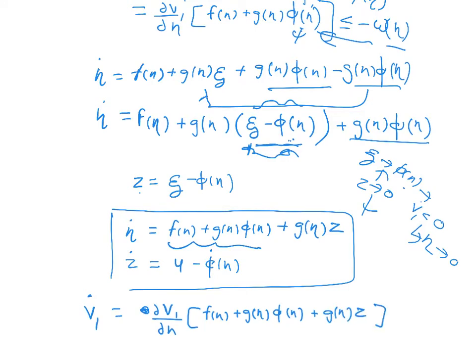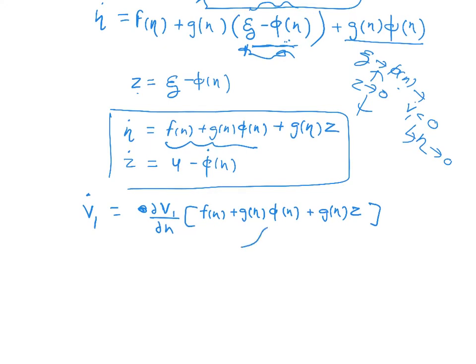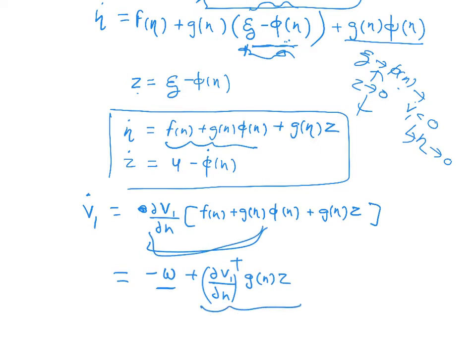This was the term, right? And this multiplied by this is minus omega 3, or whatever that minus omega, plus del V1 by del eta into g and z, right? Transpose. So this multiplied by this is all negative definite, but we have this remaining term which will be made 0 in the next step.